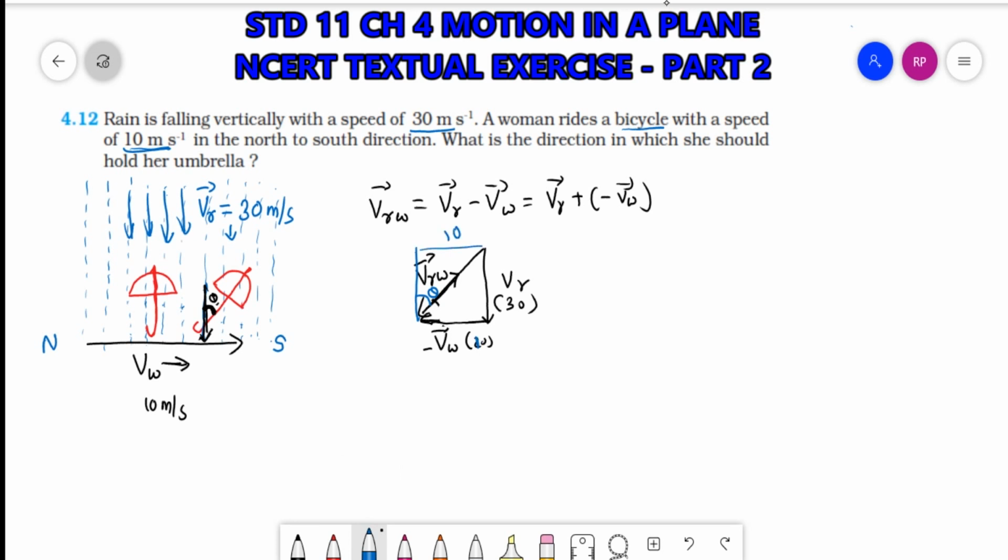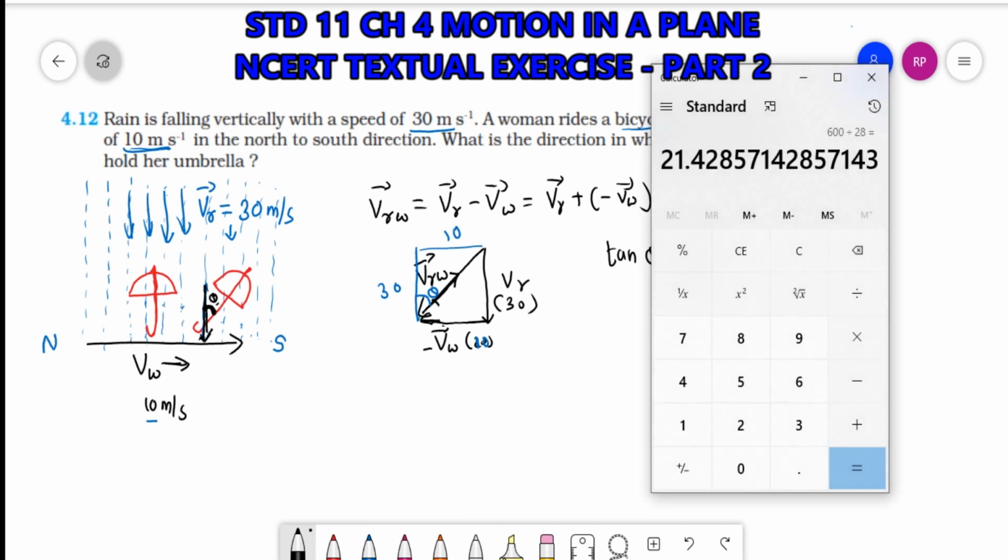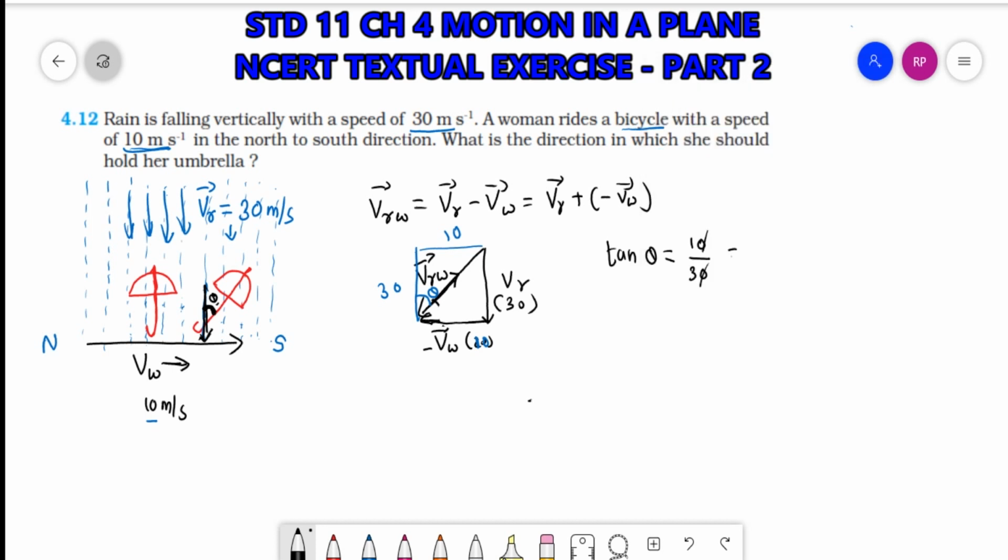Velocity of the woman is 10 and this is 30. So tan theta will be equal to opposite, that is 10, upon adjacent, that is 30, which is 1 by 3. So that will be equal to 0.3333. I need to use the trigonometric table for tan and find out the value of theta.